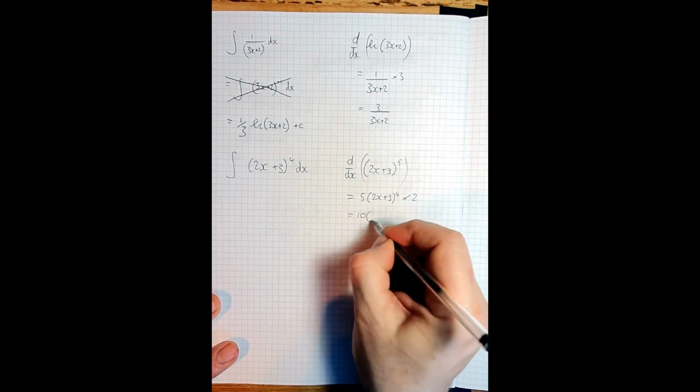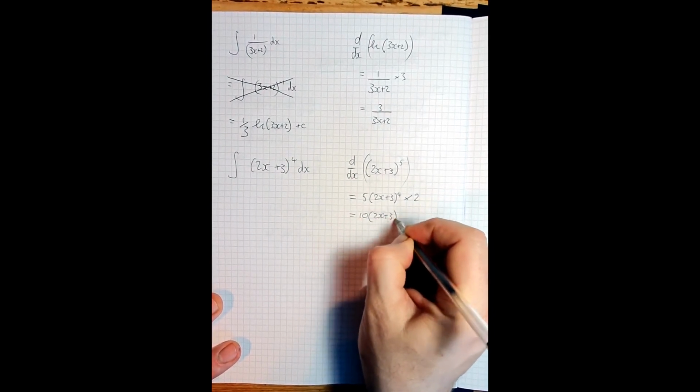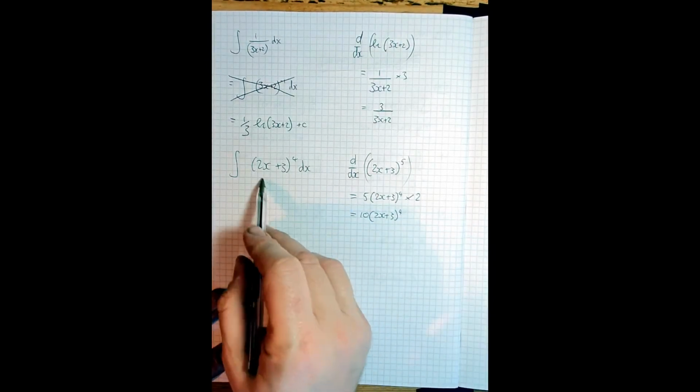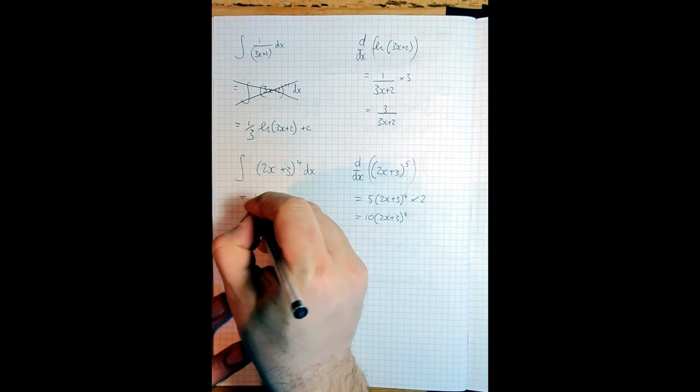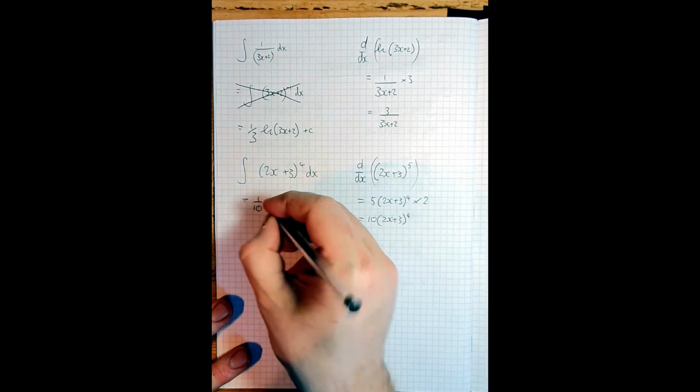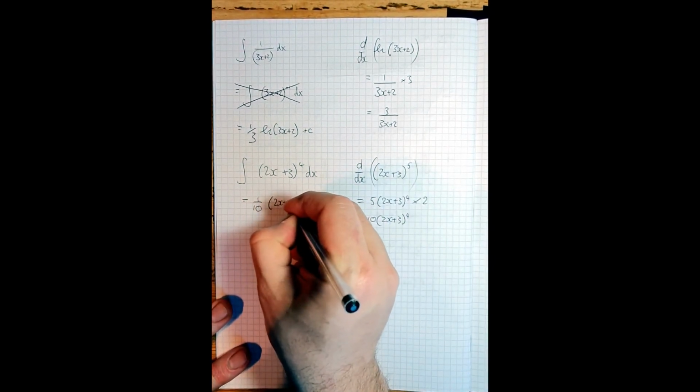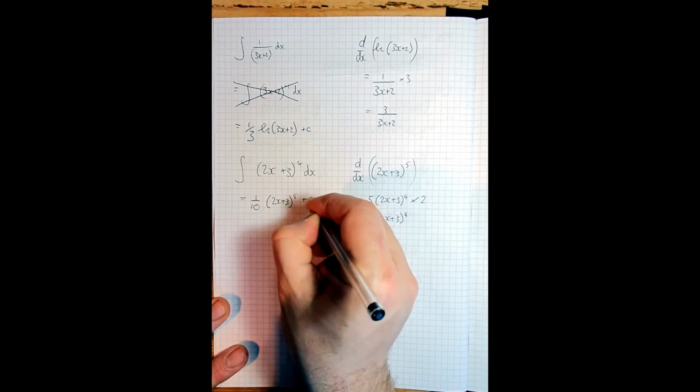So this is 10 times 2x plus 3 to the 4, which is nearly what I want, but it's 10 times too big. So it's a tenth of 2x plus 3 to the 5 plus c.